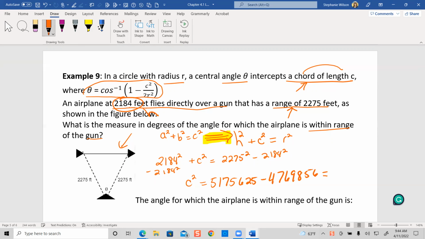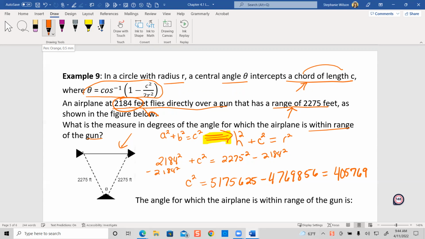Now, if you want to type it all in or do it on paper and calculate it all at once, that's good too. It will more than likely keep you from making a typo mistake, because sometimes we can write something down and just leave a number off, or see a number and write it twice. So just be careful.